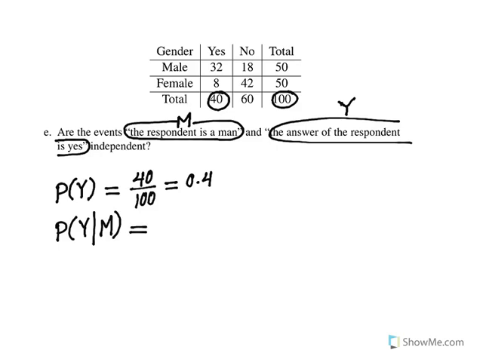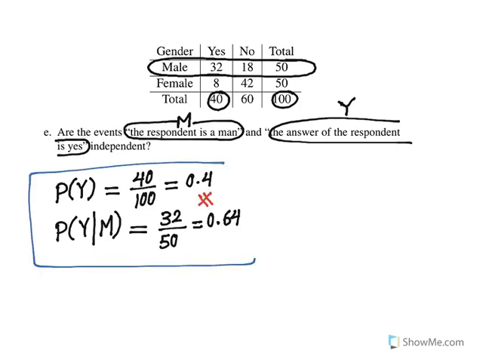Now, what is the probability of saying yes given that it's a male? Given that it's a male means that you are looking at this row. How many in this row of the males said yes? It is 32 out of 50, which is 0.64, because it's out of 50. Notice that these two numbers are not the same.